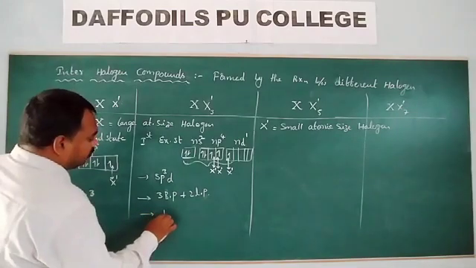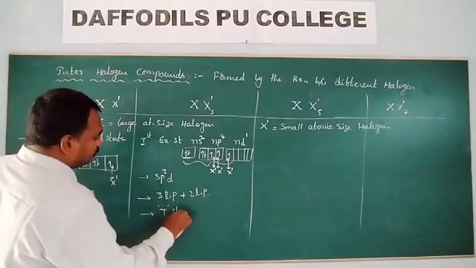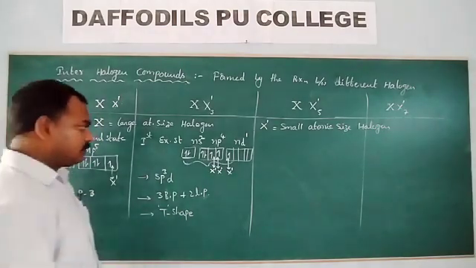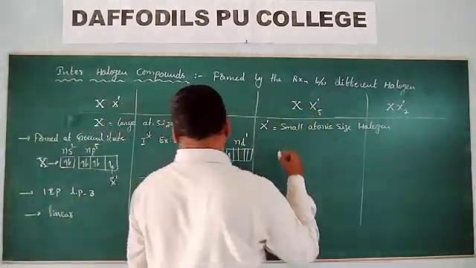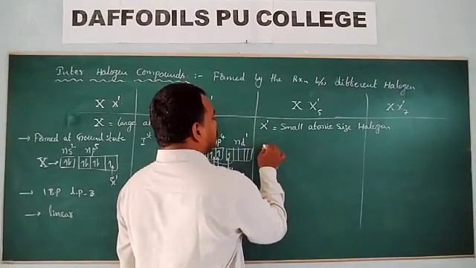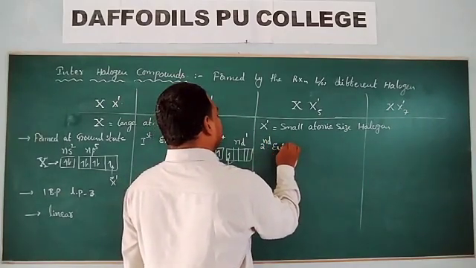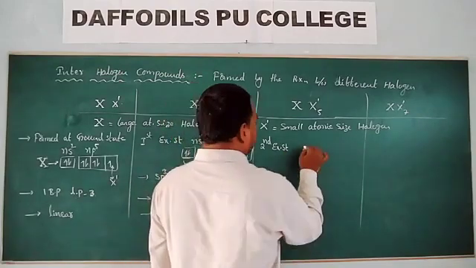The shape of the molecule is T-shape. Now come to this part. This one is possible in the second excited state.